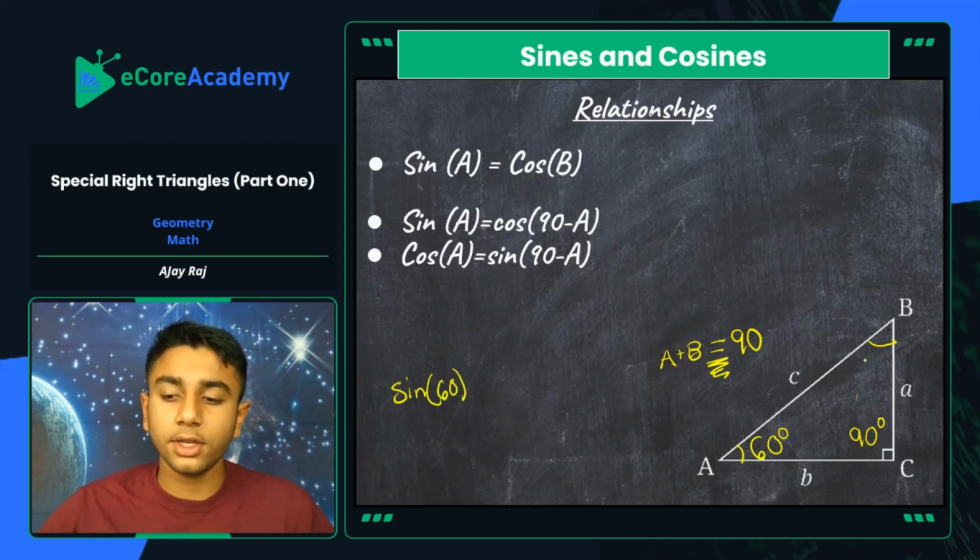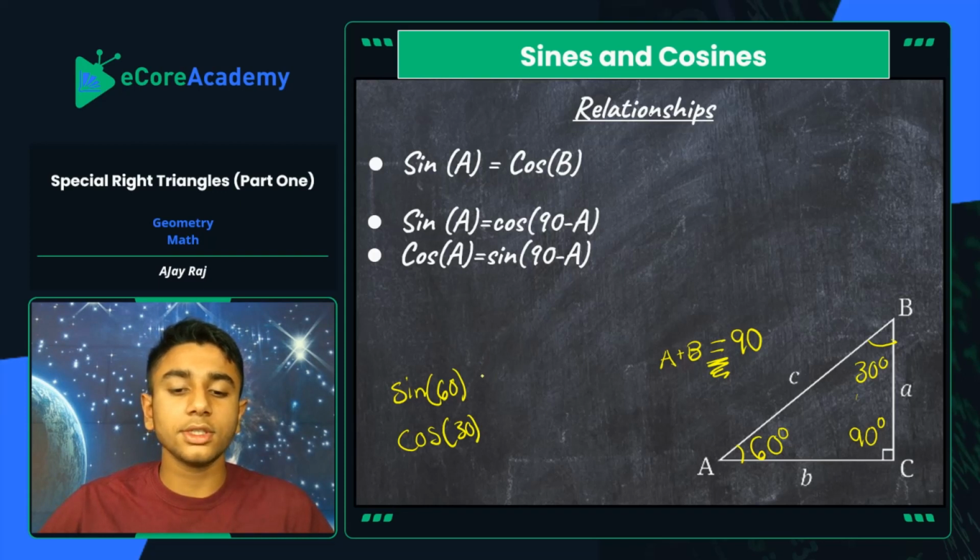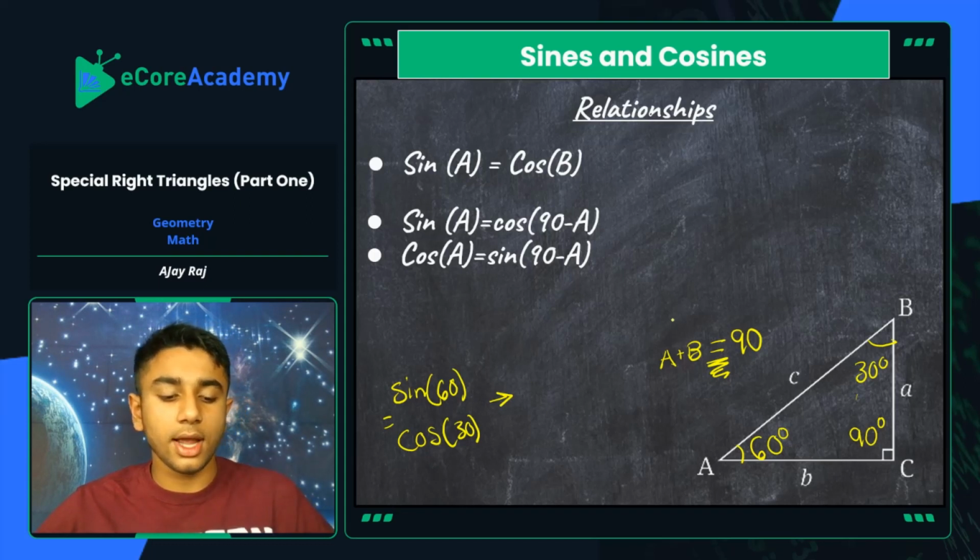Now, what you have left here is 30 degrees, because this is a 30, 60, 90 that I've put up here. So what if you calculate the cosine of that given 30 degrees? The cool thing about these functions is that they actually are very highly correlated. So that means the sine of 60 is actually going to equal the cosine of 30. And I'll show you how that actually works out.